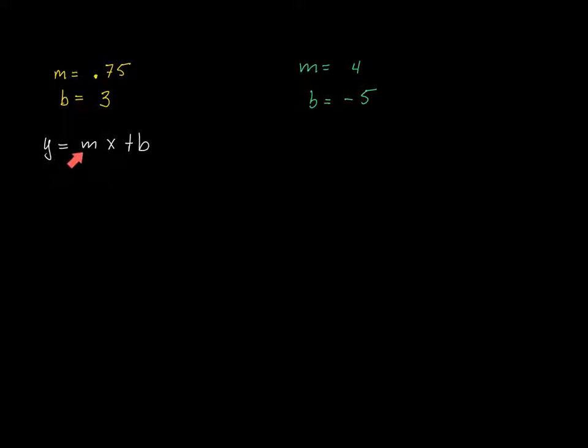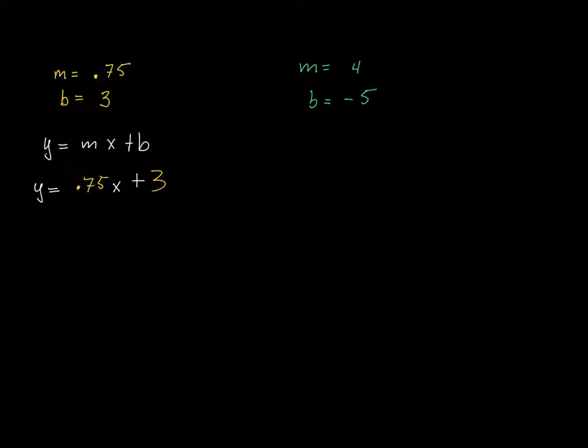So wherever you see the m, you're going to put in 0.75. Plus, we know that our b equals 3. So the only thing we're going to do is put 3. And that is the equation of that line.